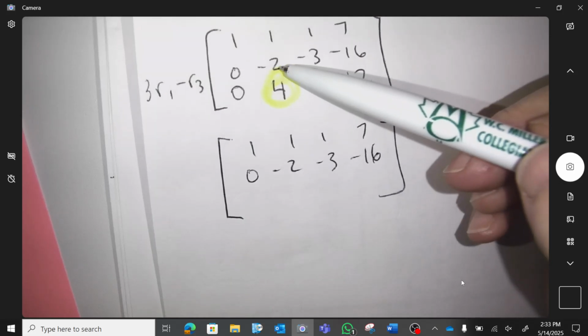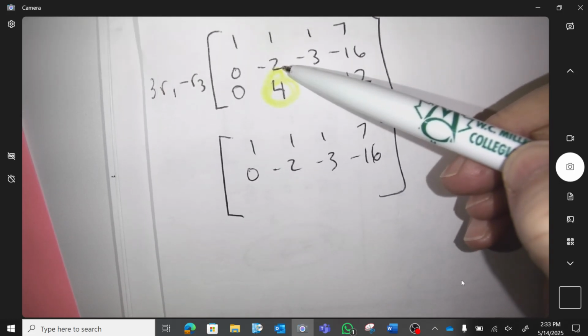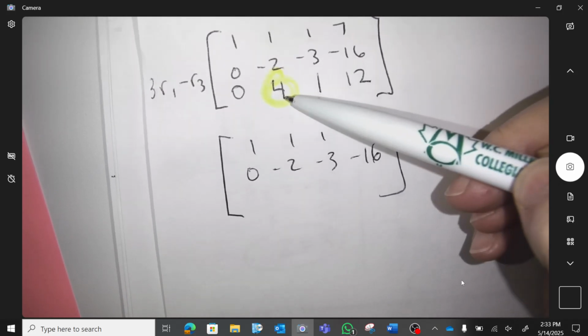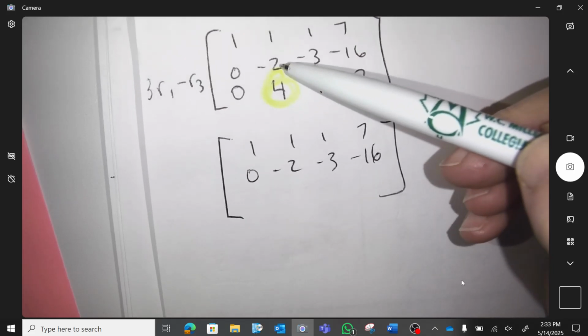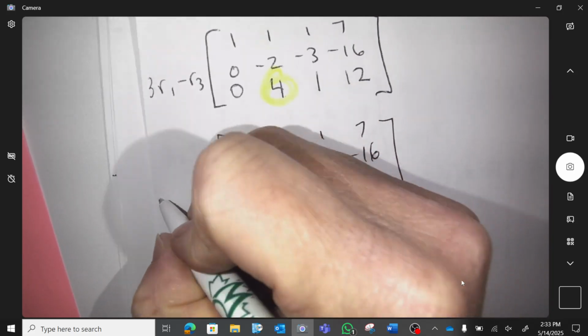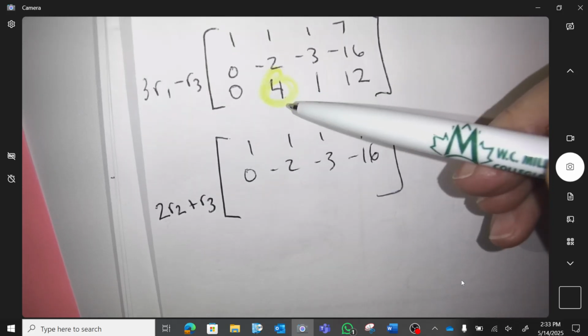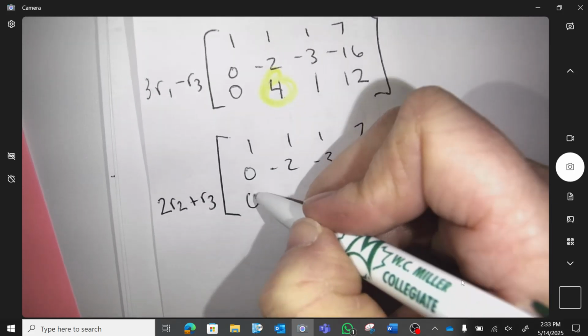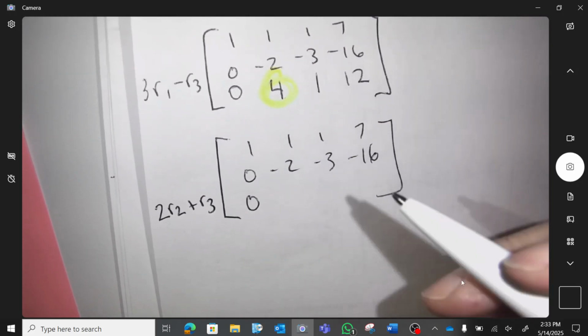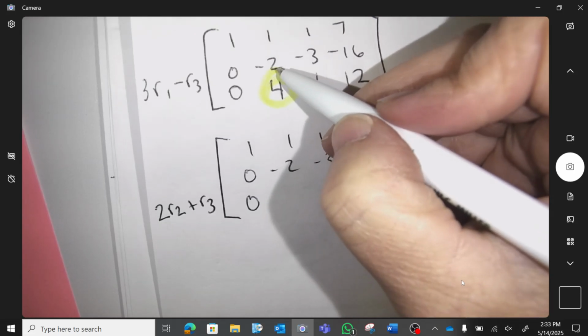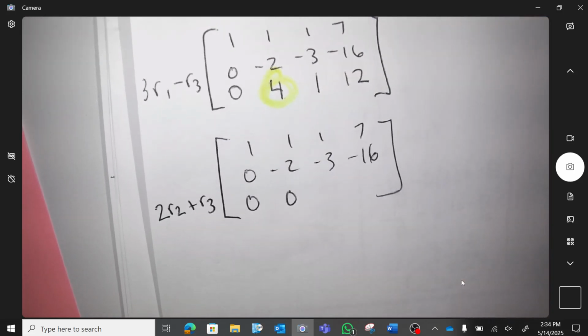Okay, here's my plan. I'm going to double this and then add that. Does that sound like a good plan? Double this, 2 row 2s plus row 3. Good? So stay 0. 2 of these makes -4 plus 4 is 0.